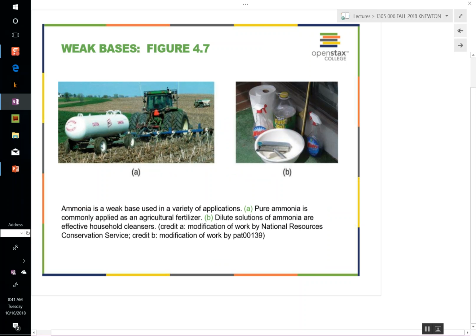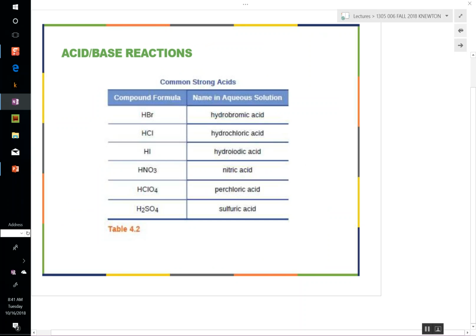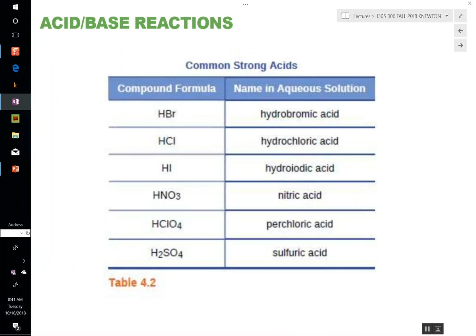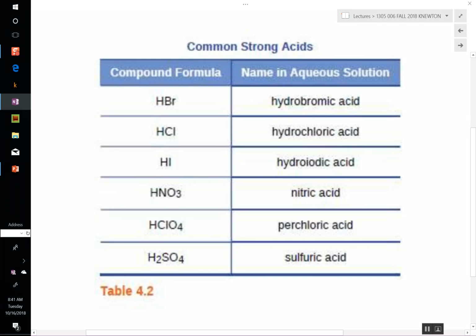So let's go look at this list of acids and bases. Well, here are some strong acids. Common strong acids. Notice you see an H or two on the left. HBr, that's hydrobromic acid, hydrochloric acid, hydroiodic, nitric. Remember NO3 is nitrate. That's the nitrate ion.